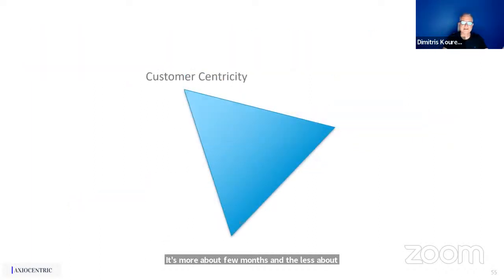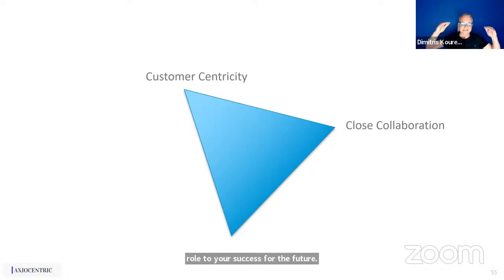So to close this part, to succeed with digital transformation, you need to have customer centricity. That means to care about customers who bought from you to have excellent experience, because that plays a major role to your success for the future. You want to make sure that all people in the organization, especially at the top, work not at the surface, they really work together.